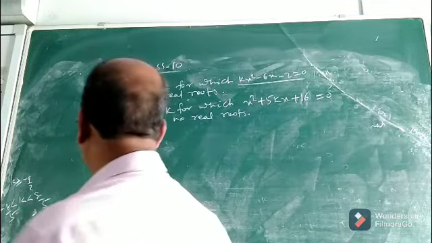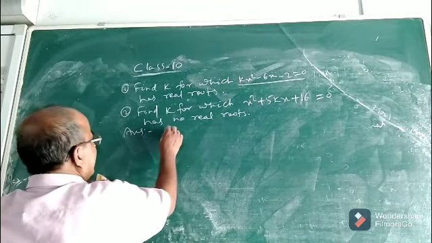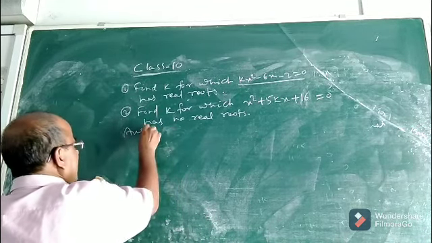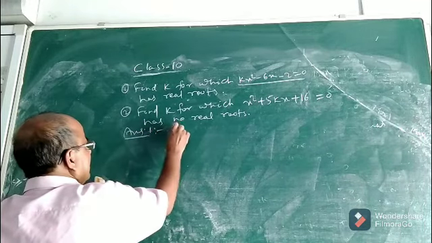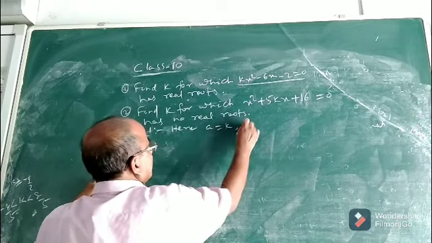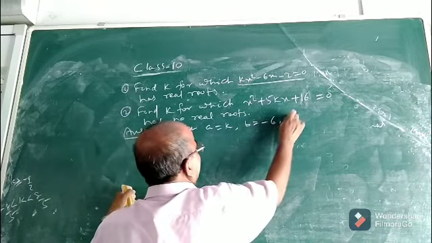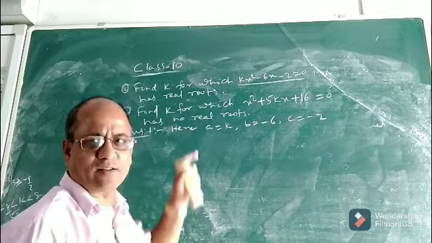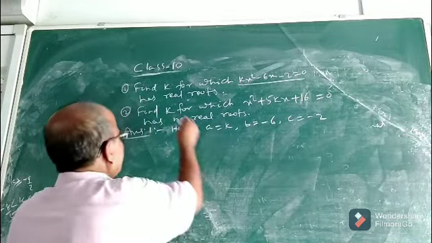Here, you are given the value of a equal to k, b equal to minus 6 and c equal to minus 2. From the equation you can easily find the values of a, b and c. Now what is the condition?